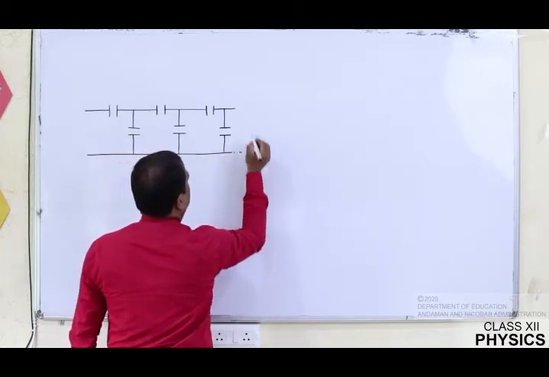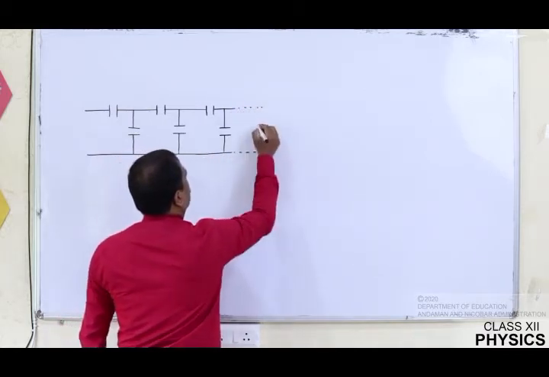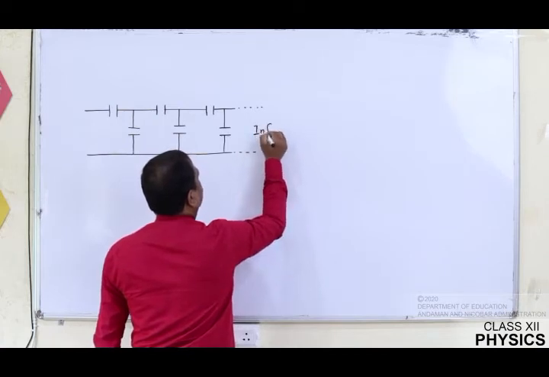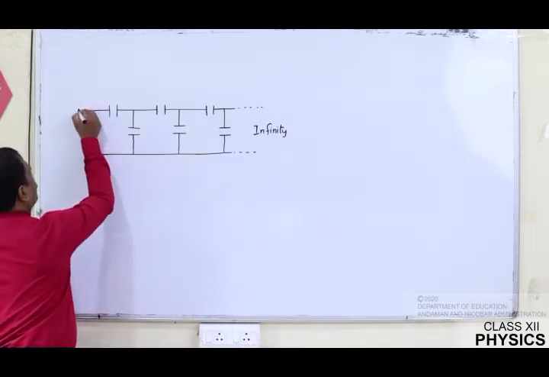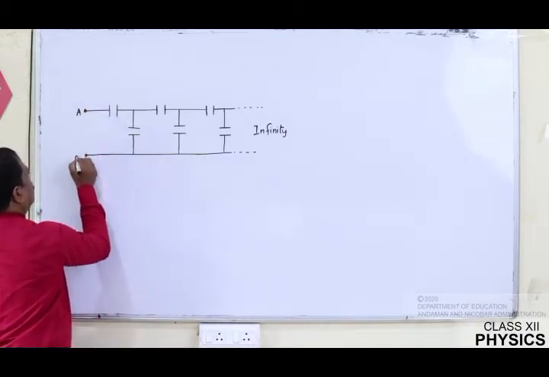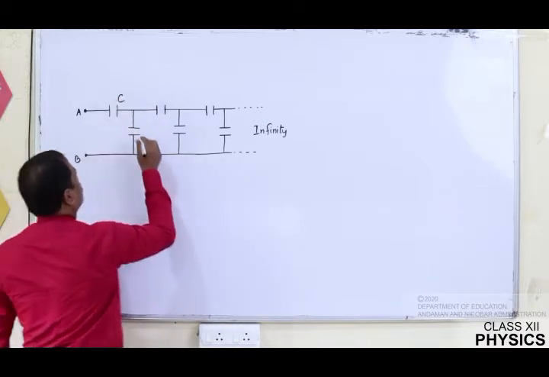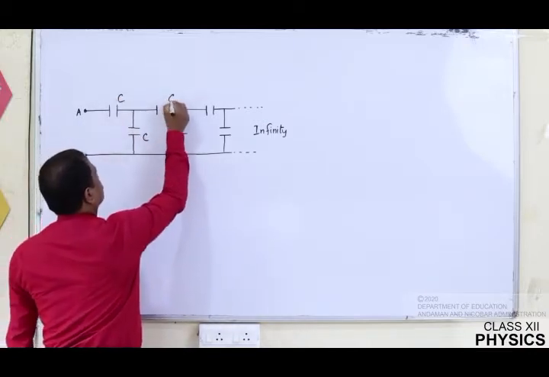And this network extends up to infinity. Let me say this point is A, this terminal is B, and the capacitance of each capacitor is C.